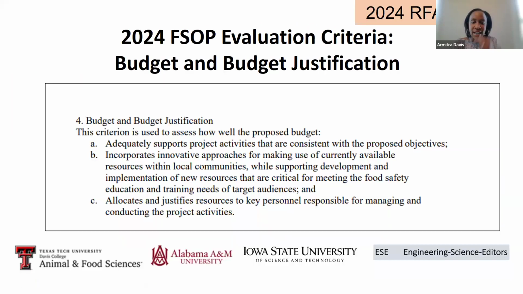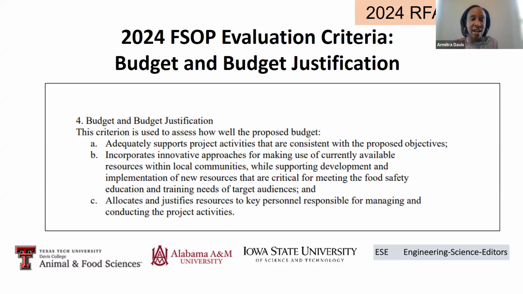Now, from an evaluation standpoint, and when I say evaluation, I mean from the standpoint of being on a review panel. I've been on several review panels, and we are provided with guidelines in which we evaluate proposals. So for the budget and budget justification, this is just a snapshot from the FSOP from page 22.